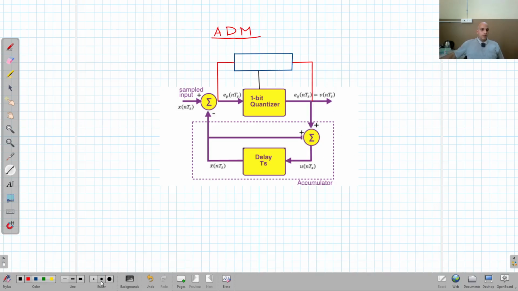This is a logic circuit that controls the step size, the step size control logic circuit. One input is coming from here and one from here, and then it goes toward this 1-bit quantizer.